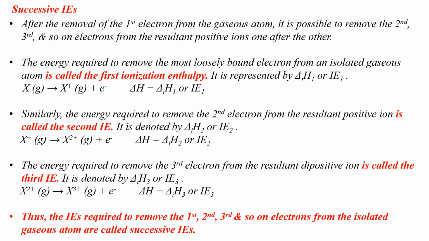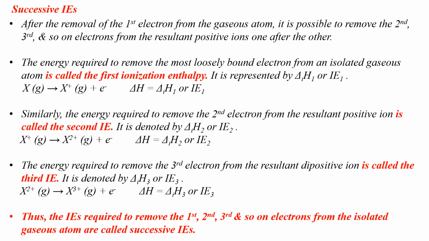Successive ionization enthalpies. After the removal of the first electron from the gaseous atom, it is possible to remove the second, third, and so on electrons from the resultant positive ions one after the other. So what is first ionization enthalpy? The energy required to remove the most loosely bound electron from the isolated gaseous atom is called its first ionization enthalpy.